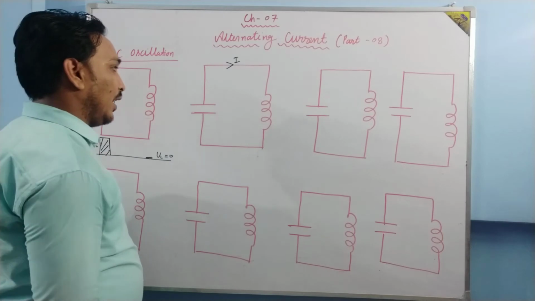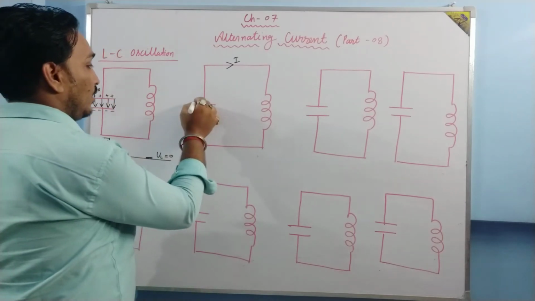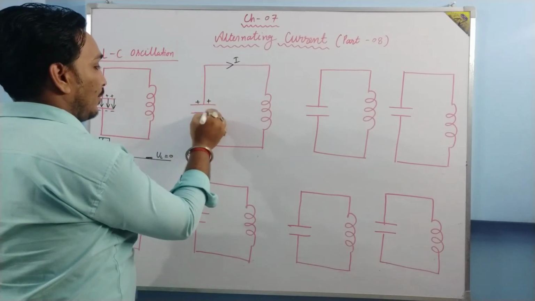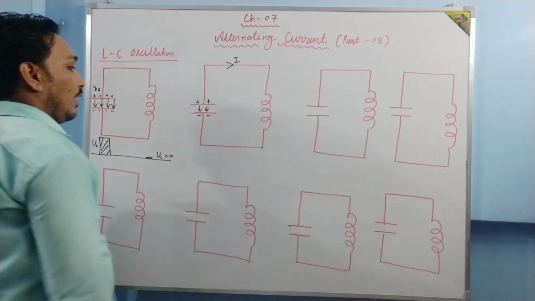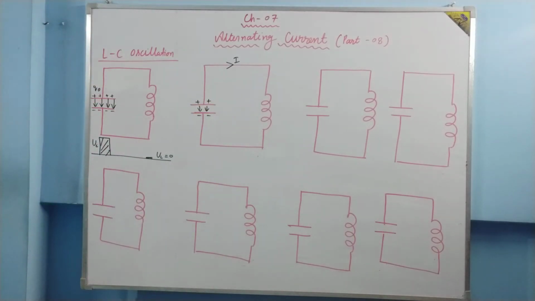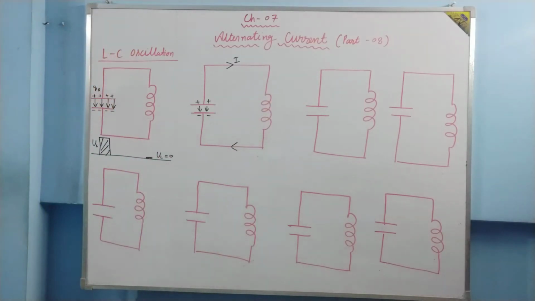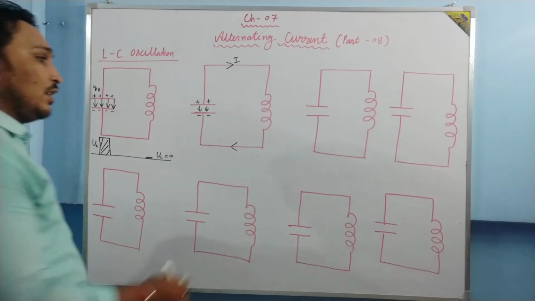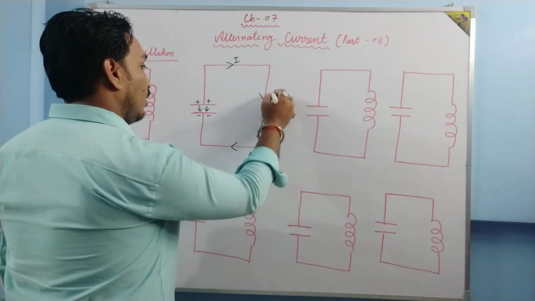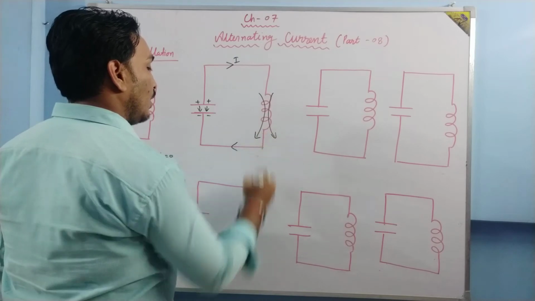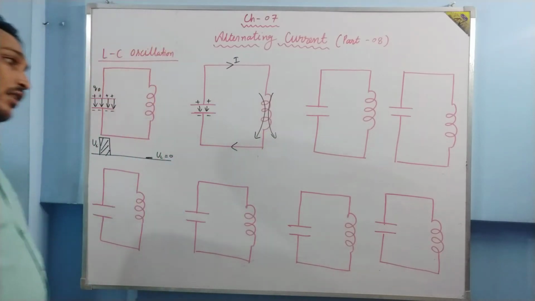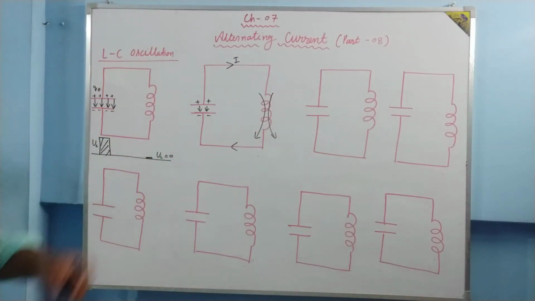Let that current be I. Since the capacitor is being discharged, the charge on the capacitor plates decreases, and therefore the electric field inside the plates also decreases. Now since the current is flowing through the inductor, there is a magnetic flux linked with the inductor, and because of this current, the inductor has some energy now.